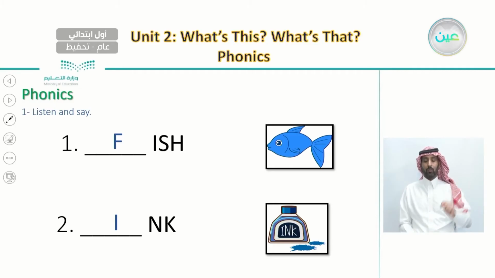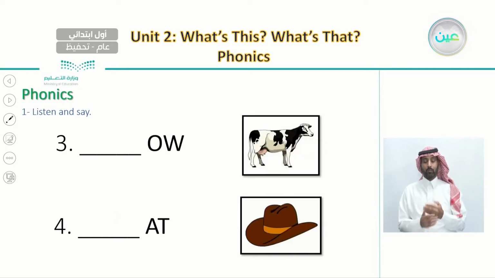And number 3. C said cow. So here we have letter C. The whole word is pronounced as cow. Repeat after me. Cow. So this is a cow.